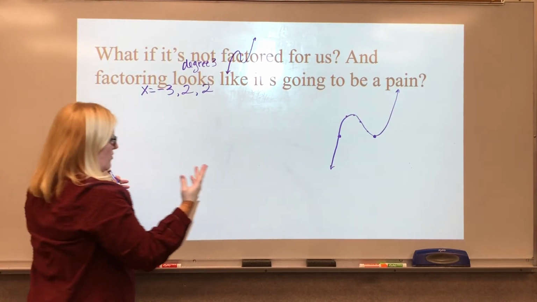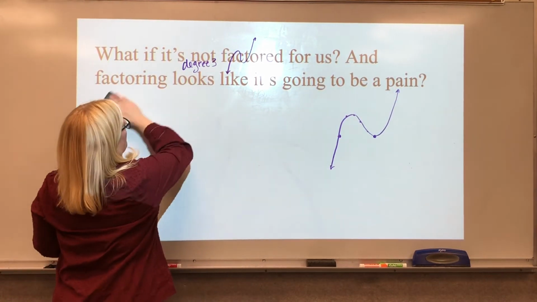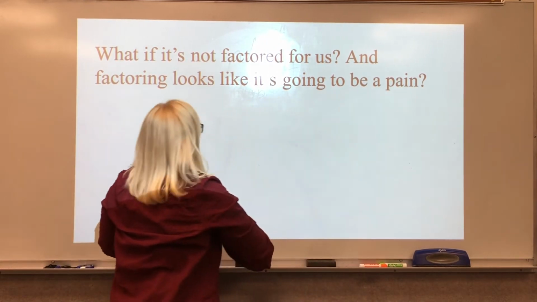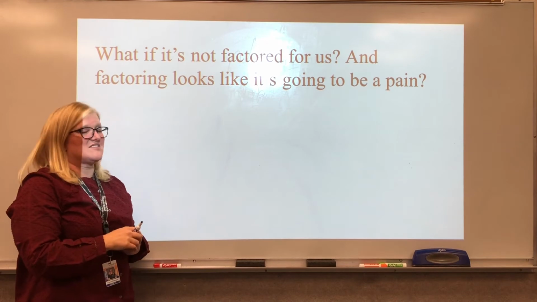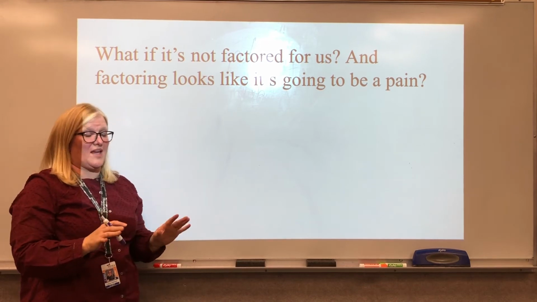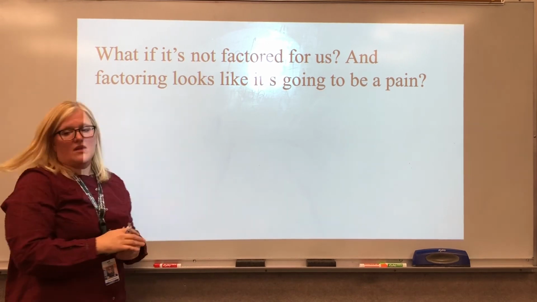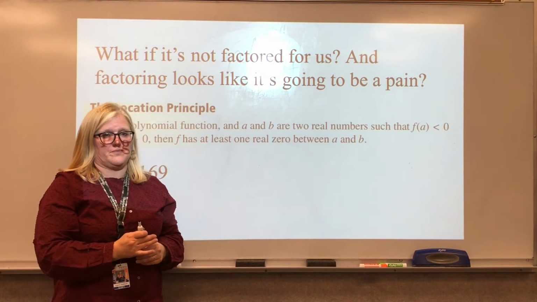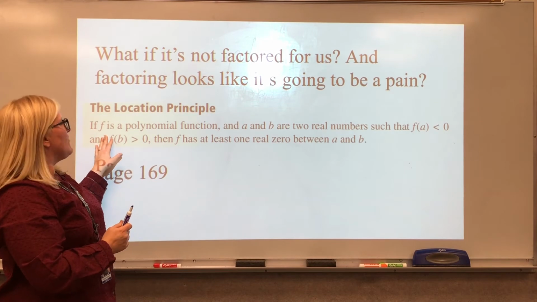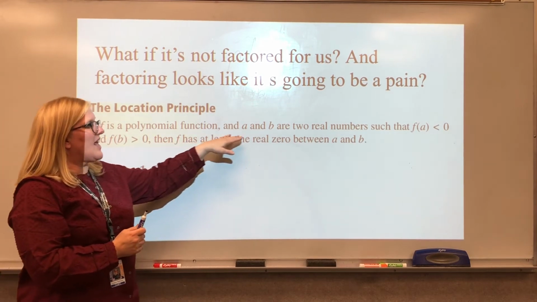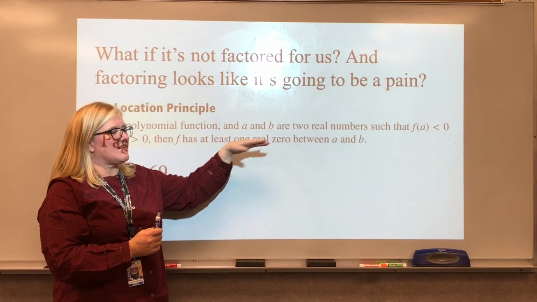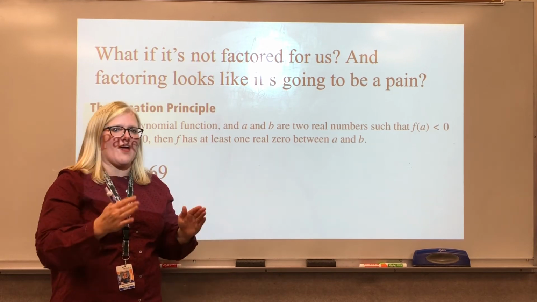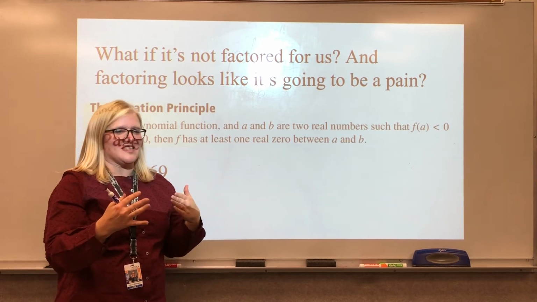Okay, so what if it's not factored for us? And what if we're looking at it and it looks like factoring is going to be a real pain? Okay, there is this really awesome thing called the location principle. So if f is a polynomial function and a and b are 2 real numbers, I need to read this because it's the official math language, but I'll tell you what it means in a second.